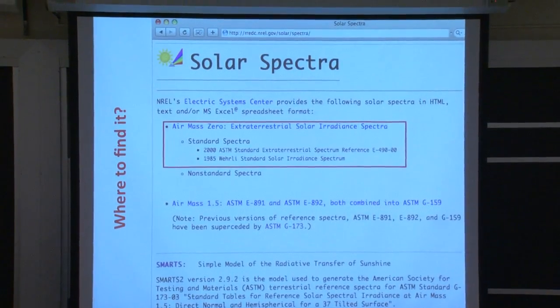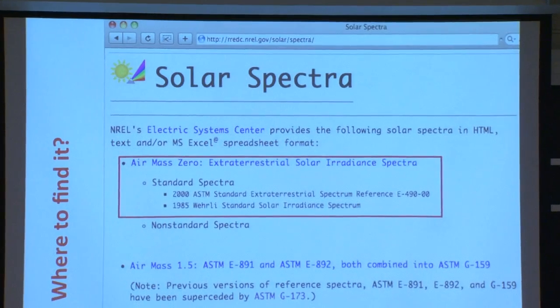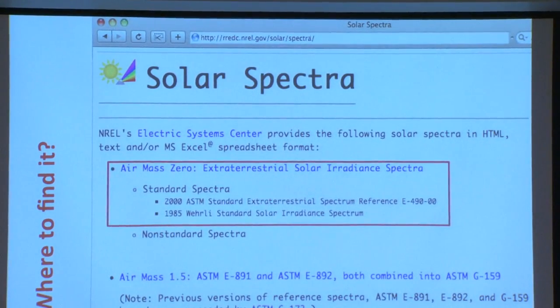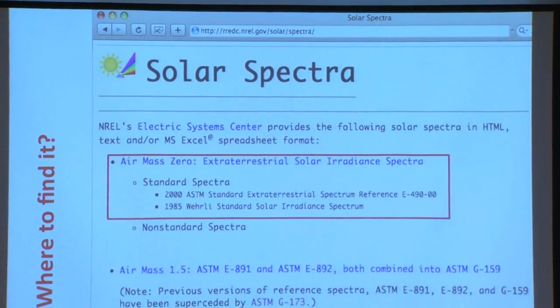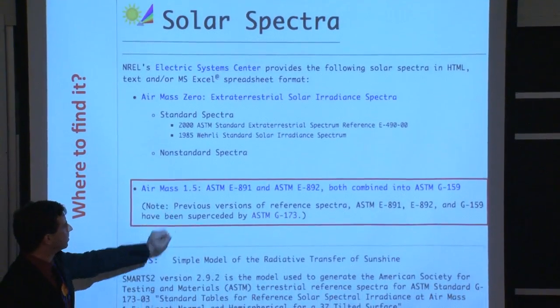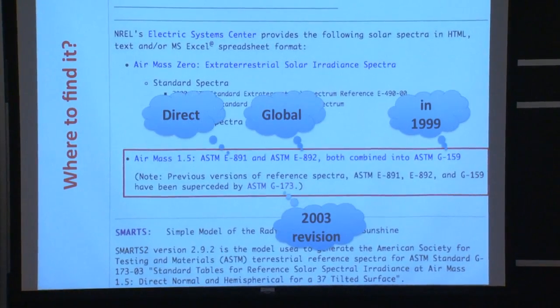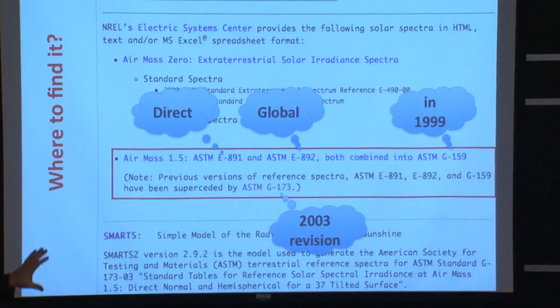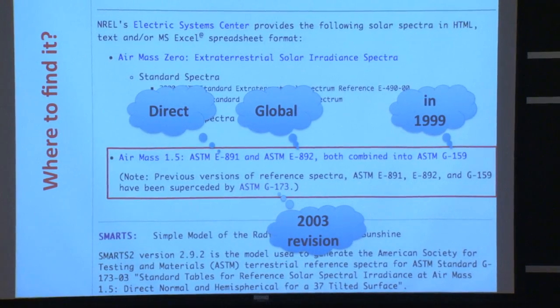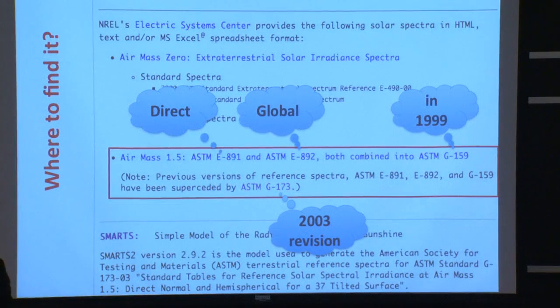The ASTM standard reference spectrum is shown on the NREL website for air mass 0. That's in the outer reaches of our Earth's atmosphere. And air mass 1.5, which is assumed to be a standard in, say, temperate climates. So there have been numerous revisions to the standard. You might want to use the latest one just to make sure that everything is up to proper spec.